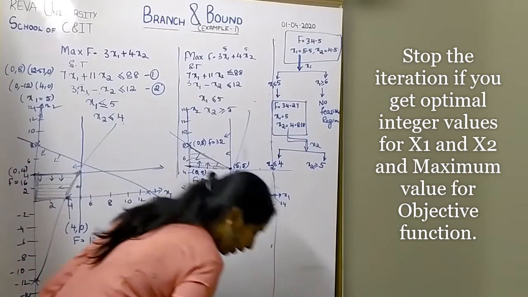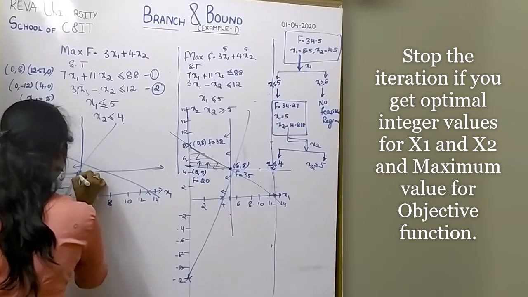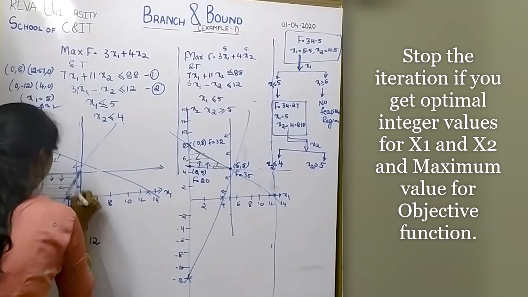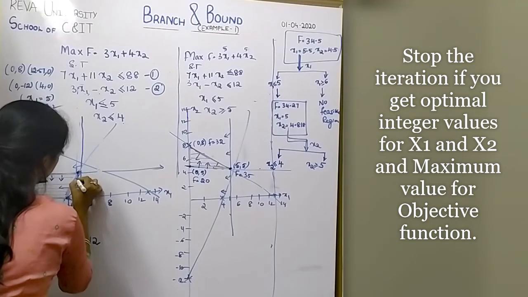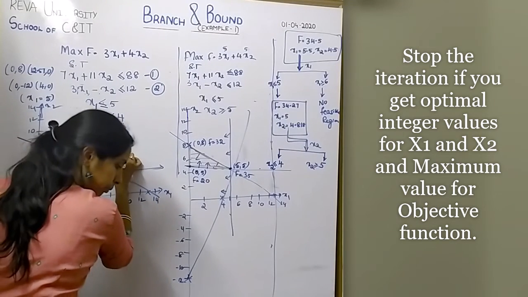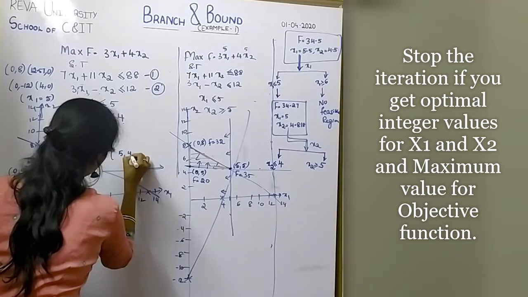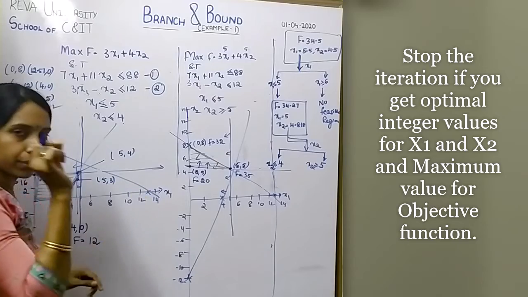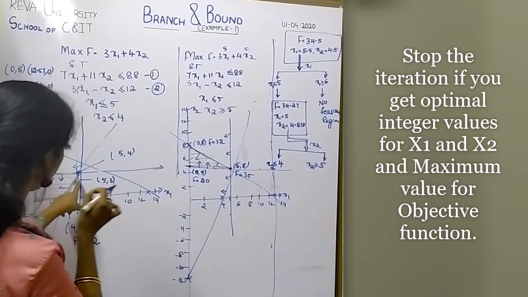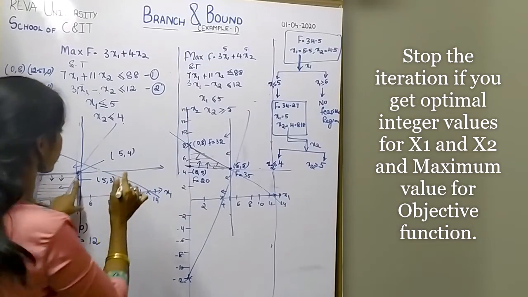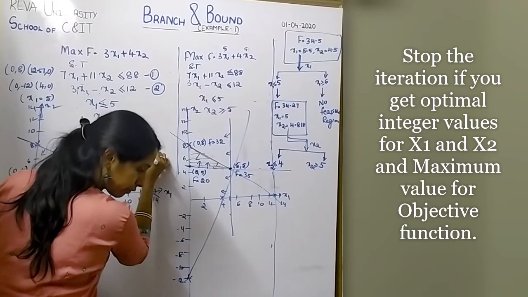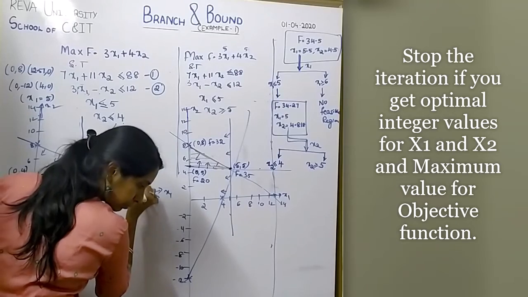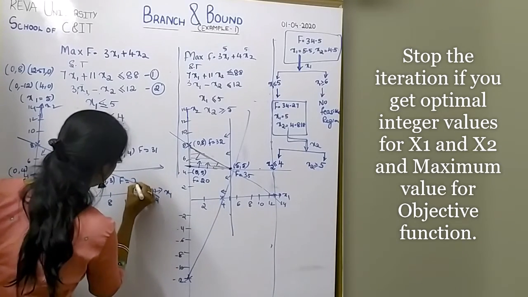If you draw properly using graph sheet, you will get 2 points here: 5, 4 and 5, 3. So you will get f equal to 31 here, and f equal to 27 here.